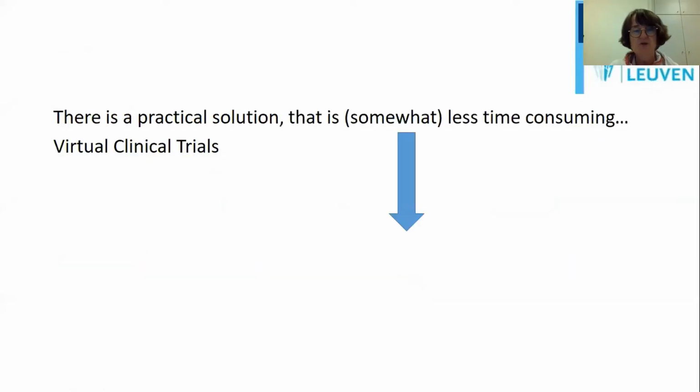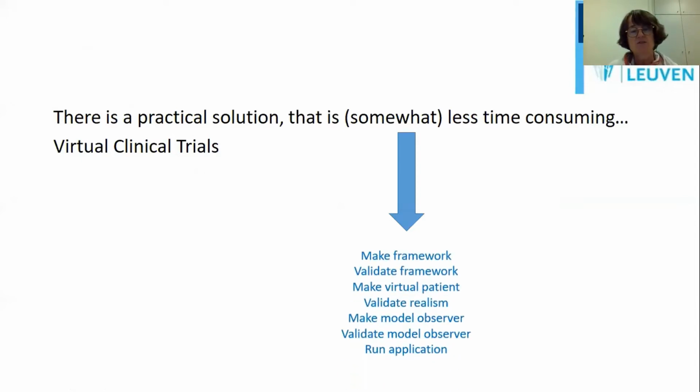This is where virtual clinical trials come in. There is a practical solution to the type of studies we have just suggested. What is a virtual clinical trial? Then you make a framework, you validate your framework, you make a virtual patient, you validate that patient, and the patient needs obviously some pathology, then you make a model observer who is going to read your virtual images, you validate it, and if you have all these pieces nicely set up, you can run an application.